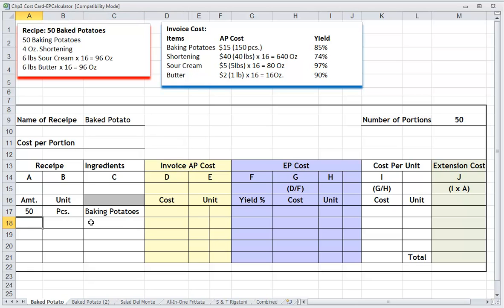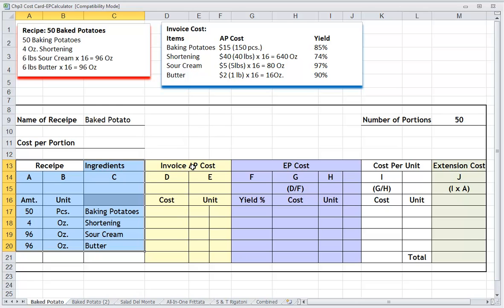Alright, we're going to do this for the remaining ingredients. Great. Once we've completed the information required for columns A, B, and C, we can move over to columns D and E. Now you'll notice that columns A, B, and C required information that was strictly from the recipe. Columns D and E require information from the invoice.